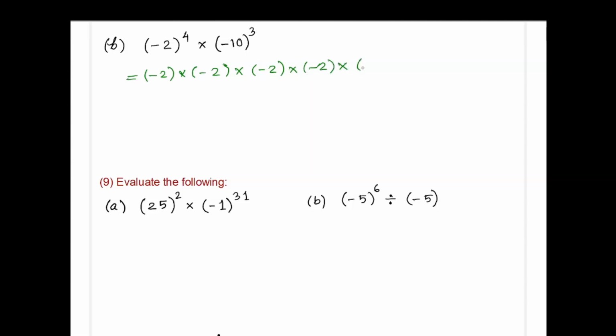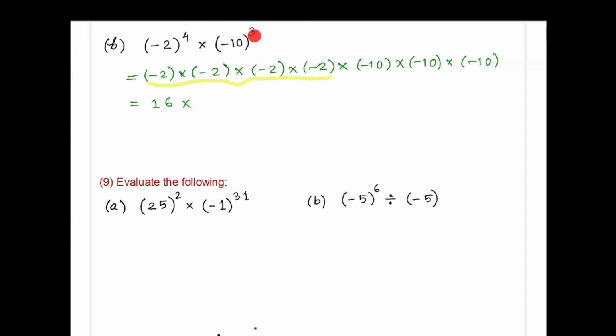Now see, after multiplying this, what we will get? 2 twos are 4, 4 twos are 8, 8 twos are 16. Why it is positive? Because the power is even.